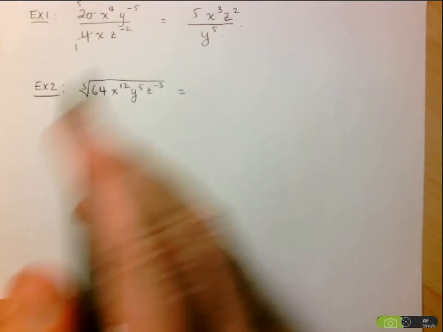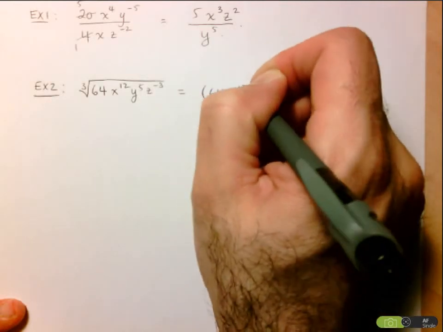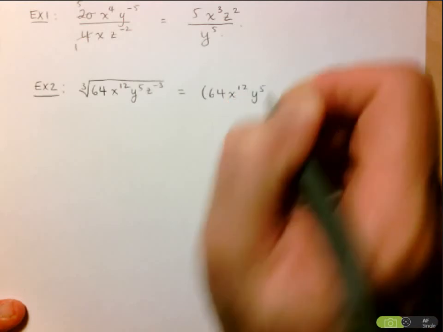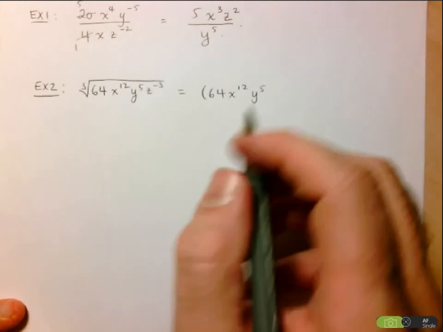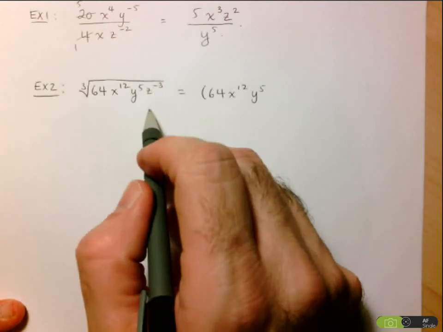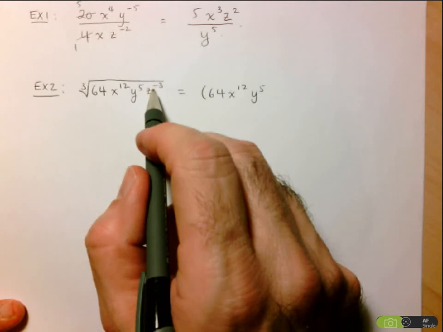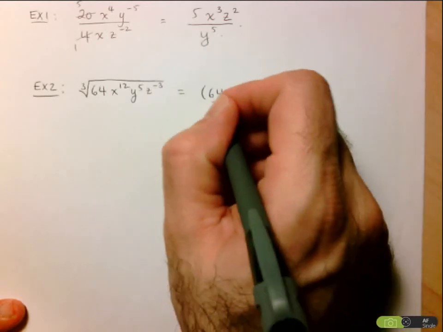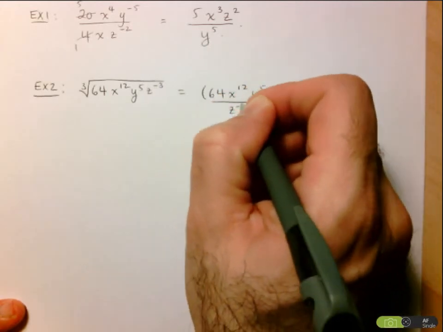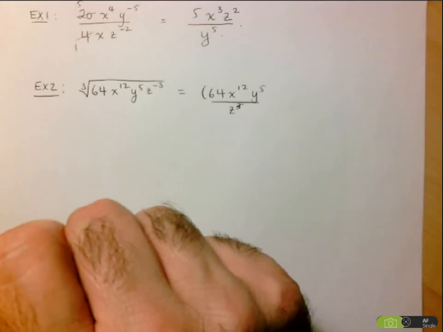So I'm going to rewrite this as 64 x to the 12 y to the 5. While I'm at it, I notice this z to the negative 3. I don't want a negative exponent in my final answer, so right off the bat, I'm going to bring z to the 3 to the denominator.